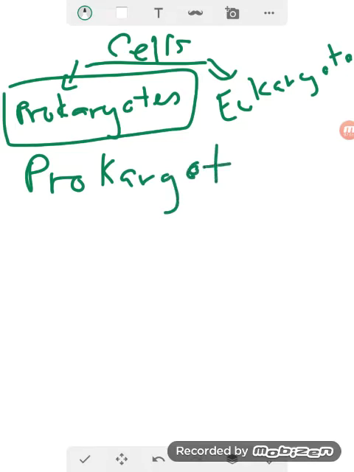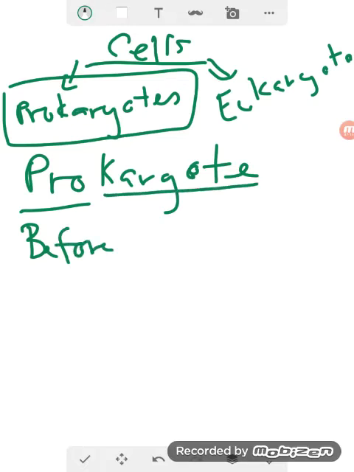That's an O-T-E. So let's do word roots first. Pro means before. And then karyote means nucleus. Now, we've all had some science where we talked about organelles and stuff, so we need to go back to see what a nucleus does.